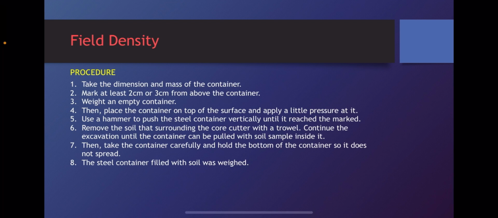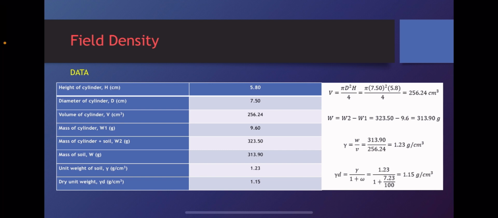Continue the excavation until the container can be pulled out with the soil sample inside it. Then take the container carefully and hold the bottom of the container so the soil does not spill. Lastly, the steel container filled with soil was weighed. And this is the data from my experiment.